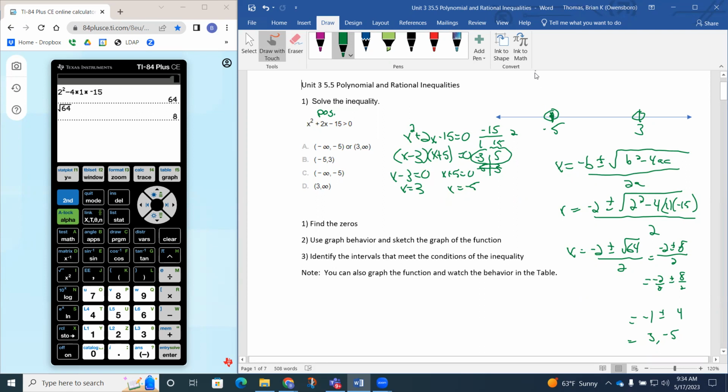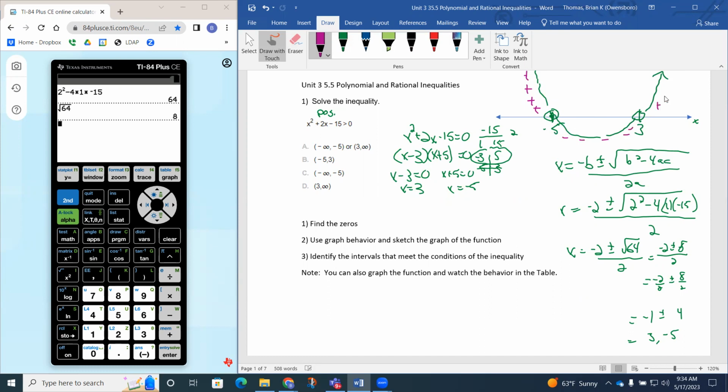So what I can do is sketch the graph here. Just roughly, treat this like the x-axis, if you will. I'm not actually drawing the y-axis in, but the y-axis would be in there somewhere, but we don't really need it. So again, if you're above the x-axis, we're positive. If you're below the x-axis, you're negative.